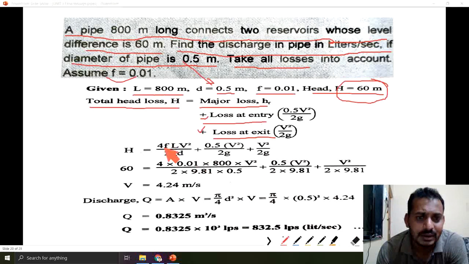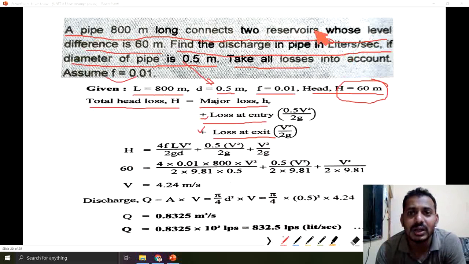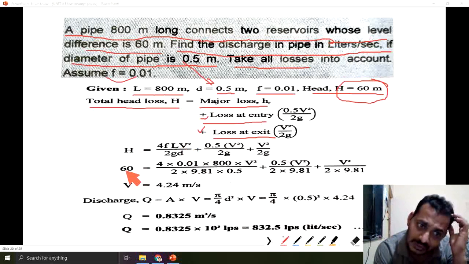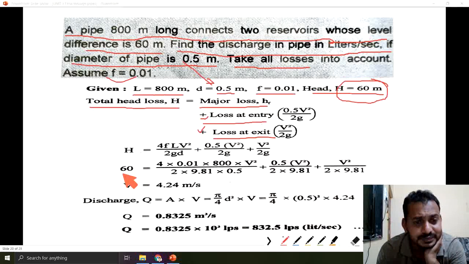F, the coefficient of friction, its value is given. Length, its value is given. Velocity is unknown. 2 is constant, g is constant, diameter D1 value is given. Similarly, here velocity is unknown, all others are constant. The total head difference is given. So all other things are given, so we can write it down.